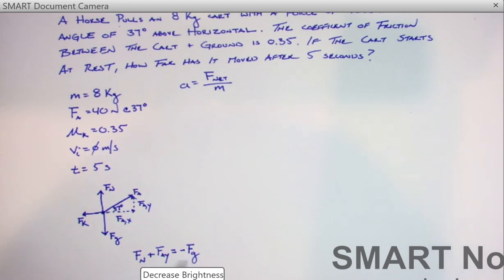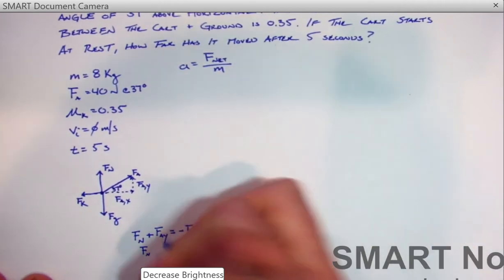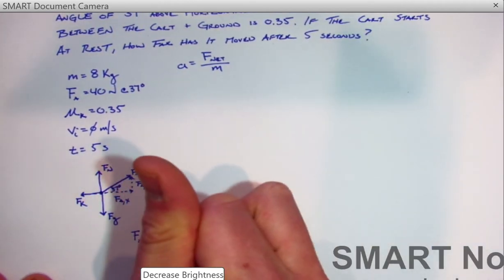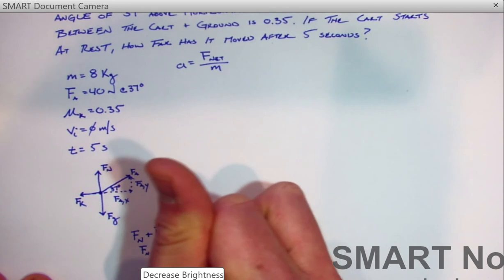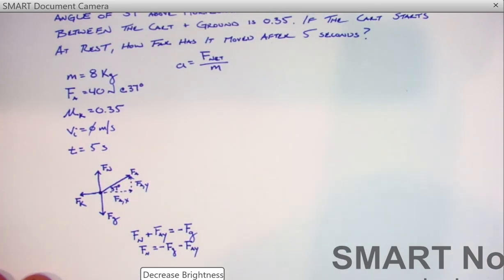So now I can start to think through how to solve for normal force. I can rearrange this. Force normal will be equal to the opposite of force of gravity minus force applied Y. For force applied Y, I'm going to use some trigonometry to find that.